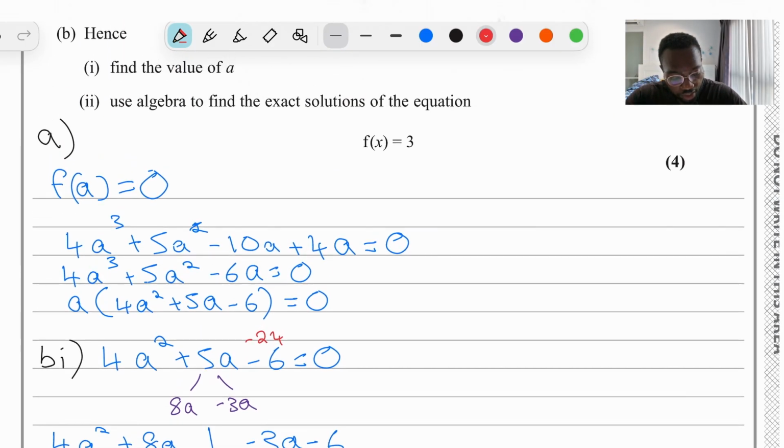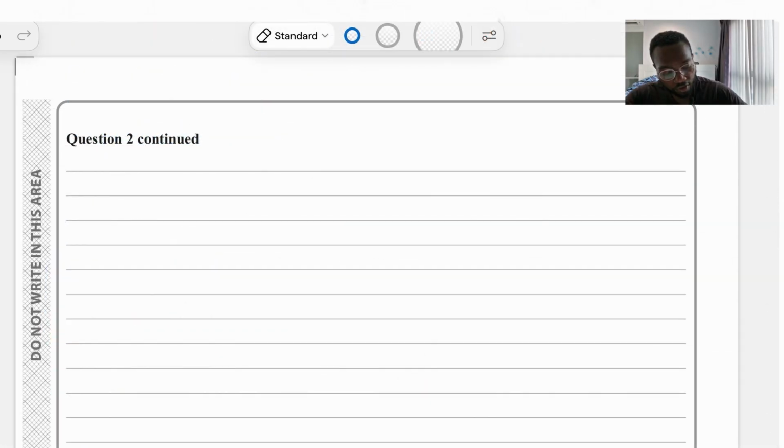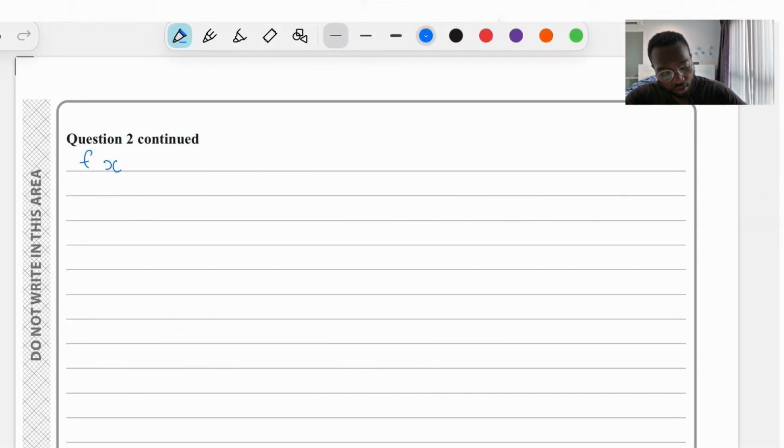We need to use algebra now to find the exact solutions of the equation when f of x is equal to 3. Okay, so now if I quickly rewrite what f of x was over here, f of x was 4x to the 3 plus 5x squared minus 10x, and then plus 4a.